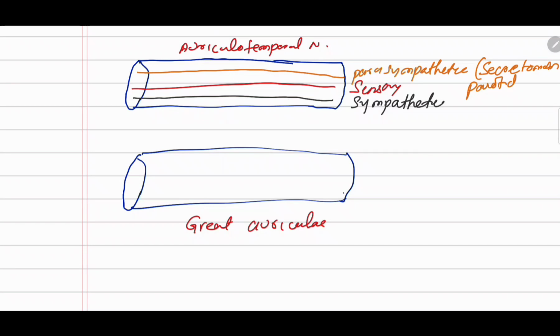These parasympathetic fibers are secretomotor to the parotid gland. Then we have sensory and sympathetic fibers.